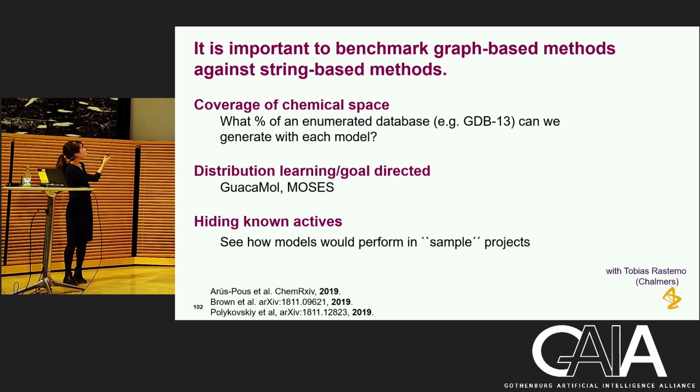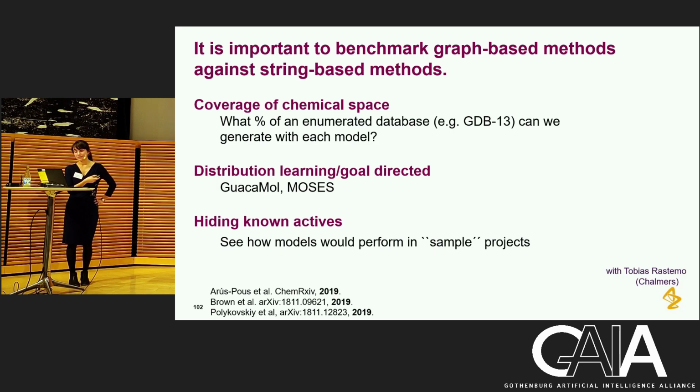One of the benchmarks I mentioned was calculating the percentage coverage of chemical space. We can do this by calculating what percentage of an enumerated database, such as GDB13, we can generate with each model. This is something we can calculate, working with a master student from Chalmers on this project. There are two other benchmarks we're interested in: distribution learning and goal-directed benchmarks, such as using the published GuacaMol and MOSES, which are open source.